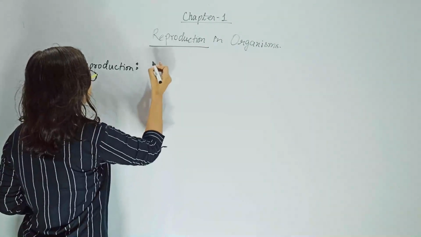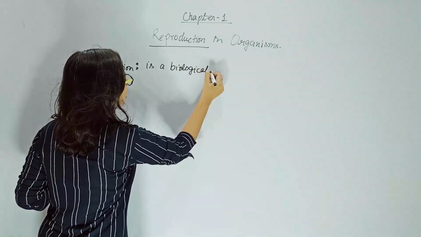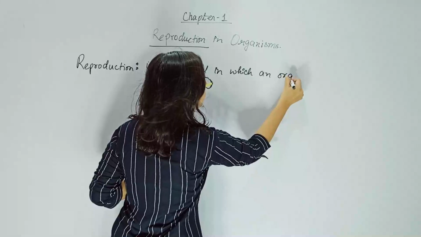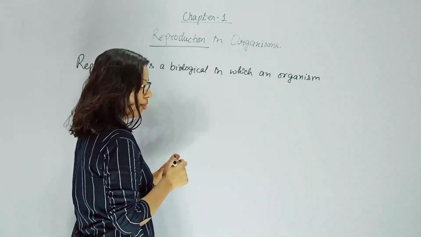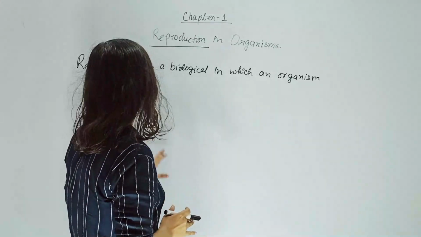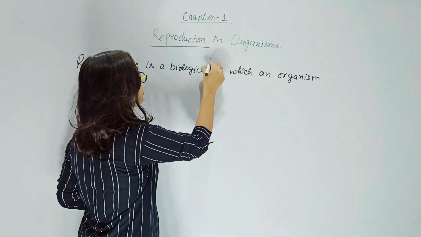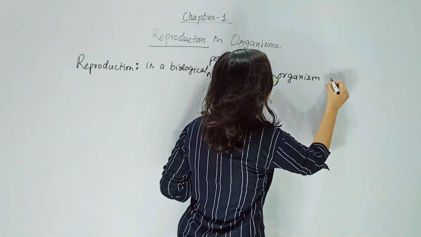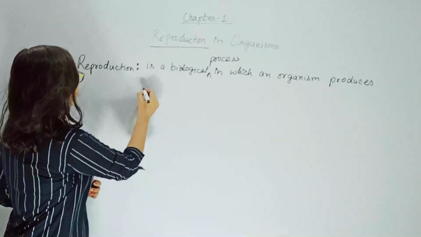What is reproduction? Reproduction is a biological process in which an organism produces another organism similar to itself. Whenever I say organism, you have to consider it the living organism, because reproduction is one of the characteristic features of living organisms only.